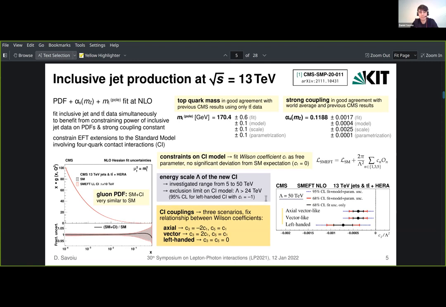We've also investigated a large range in the energy scale, going from 5 to 50 TeV, and we can turn this into an exclusion limit as well, which is roughly 24 TeV for a particular contact interaction model. The PDF itself doesn't change very much, so this is an indication that we are able to constrain the PDFs and even look beyond the standard model without affecting the result of this fit too much.